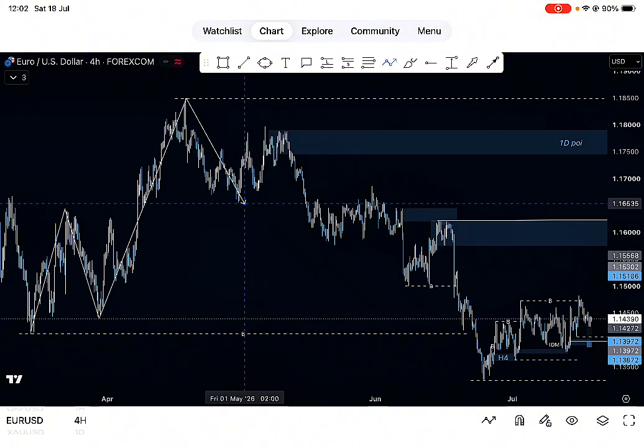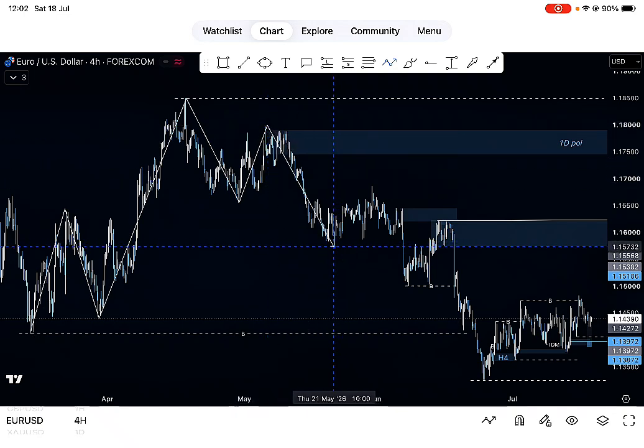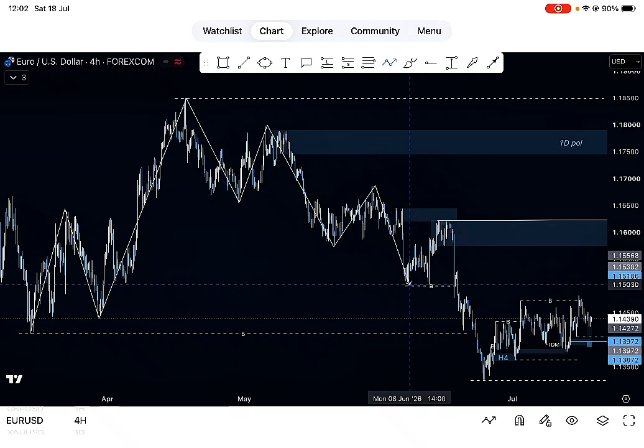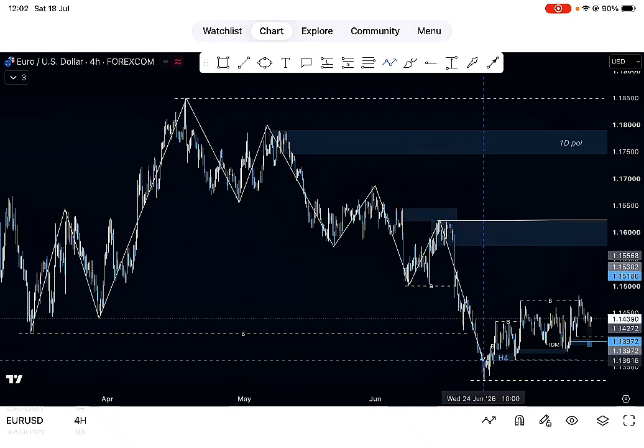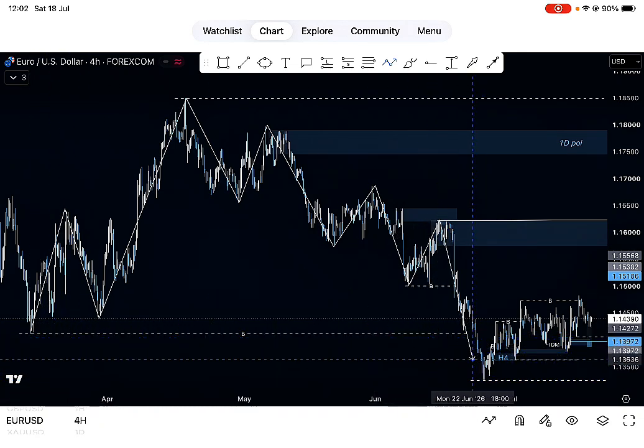For those that are paying attention, this was a high, this made a low. This was a high, this made a low. A high again, and it broke structure. And finally broke this daily time frame high.